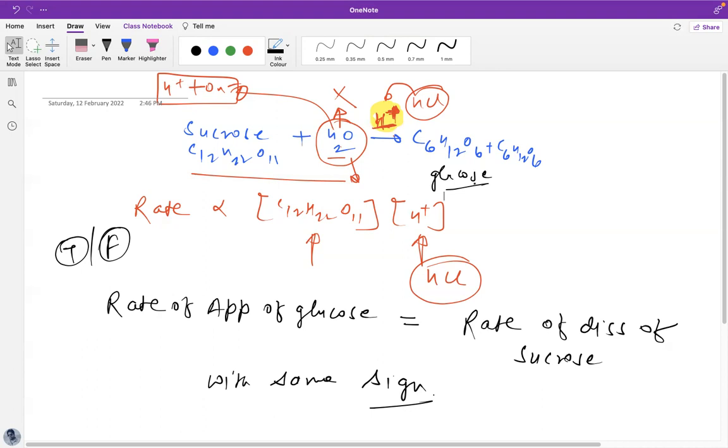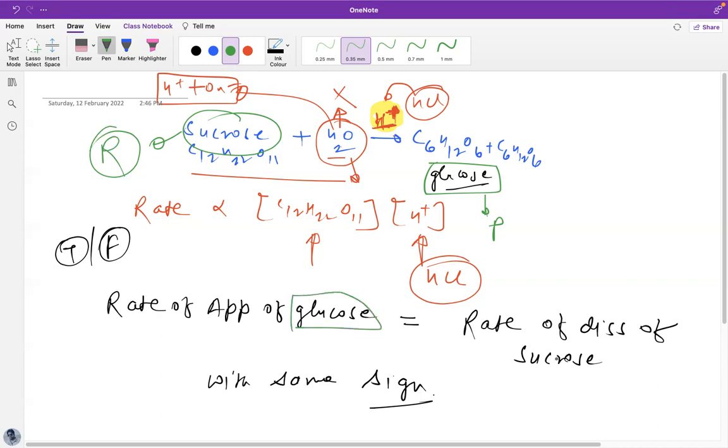No, this is not true. Why? You can see glucose is the product and sucrose is the reactant, and I am correlating both of them. The product will always appear, so glucose will appear, that is fine.